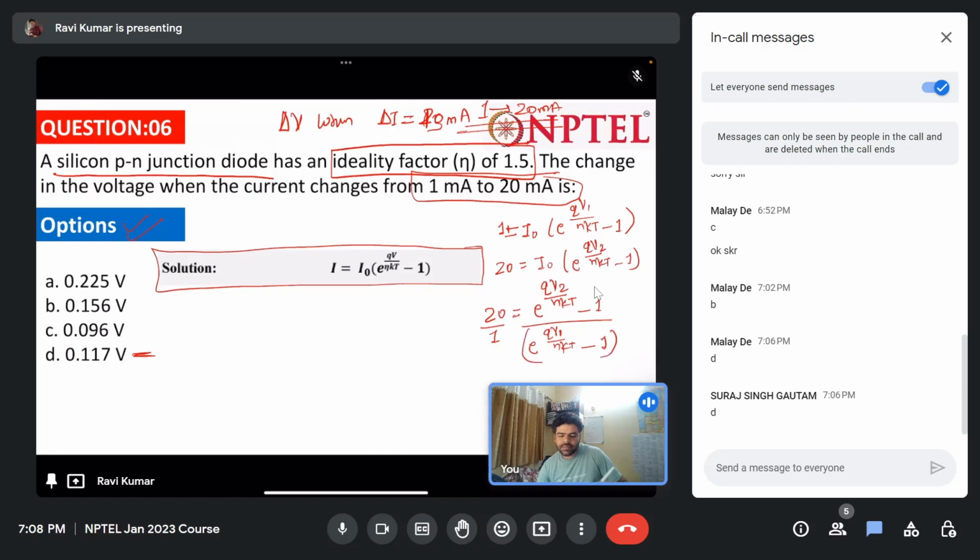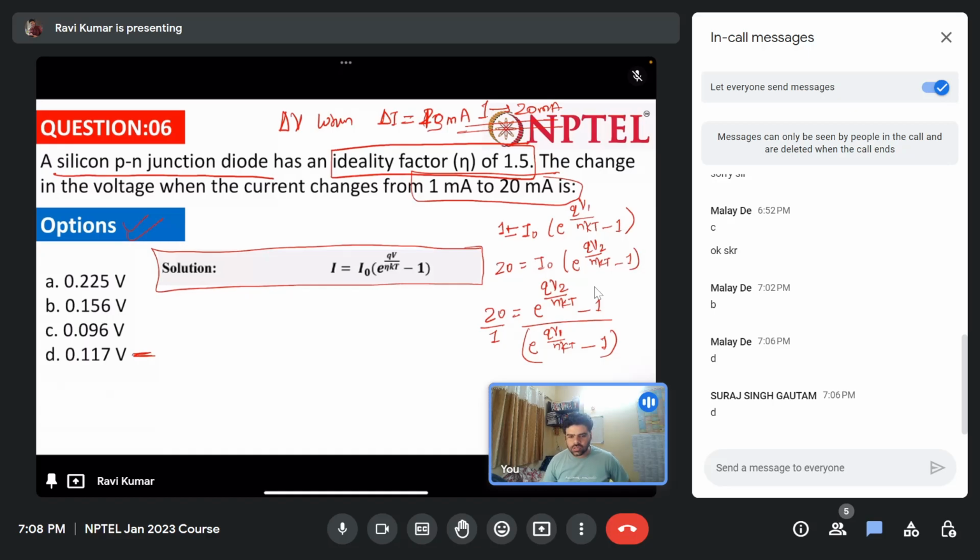Just cross multiplication and then solve it for V1 minus V2. Oh, sorry, V2 minus V1. Or even V1 minus V2 will work. It will come in negative only. And this question is asking only the change. So change is always in positive term.